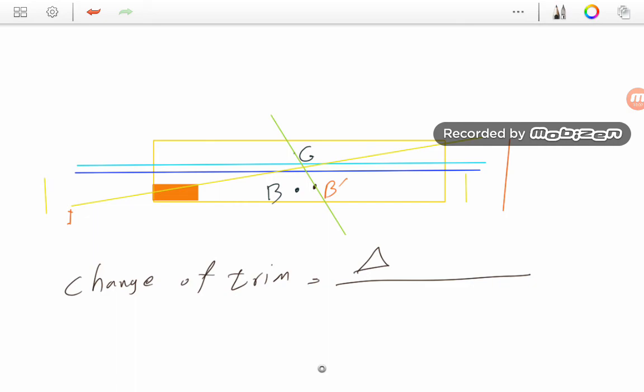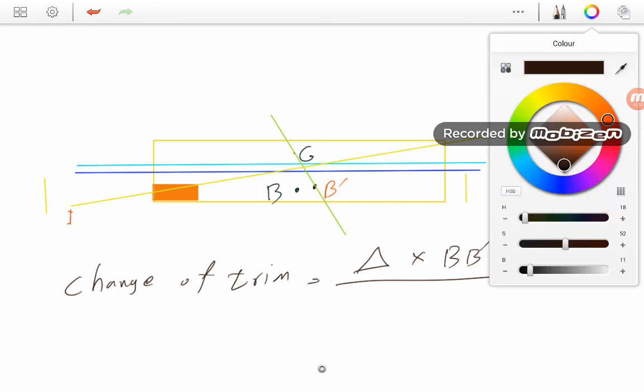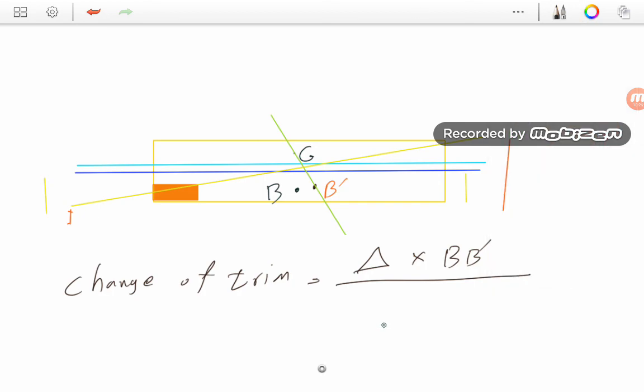And remember, vessel displacement does not change because you haven't loaded or unloaded anything. Just water is in one of the compartments. You lost the buoyancy of that one. So it will be the displacement times BB prime, over MCTC.